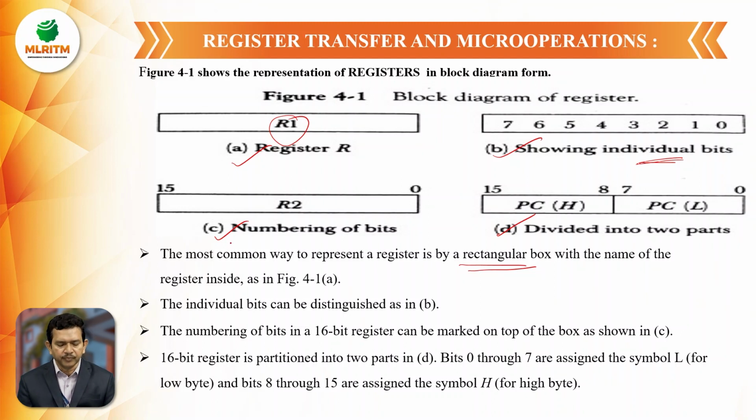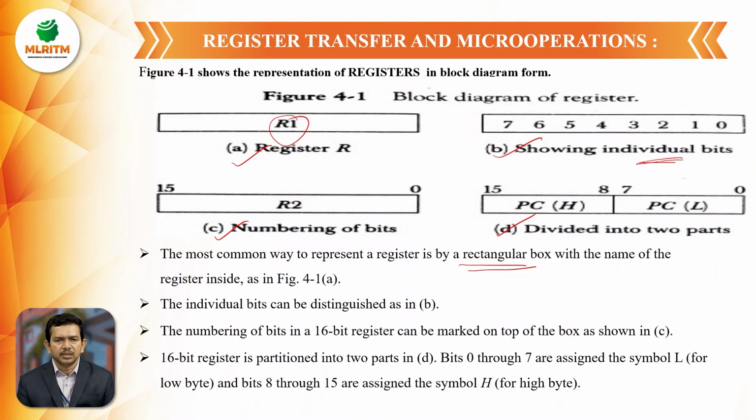If we go to C, we can see the representation of bits is in the form of 0 to 15. It means it is a 16-bit register. We have 16-bit registers, 8-bit registers, 32-bit registers, and 64-bit registers.